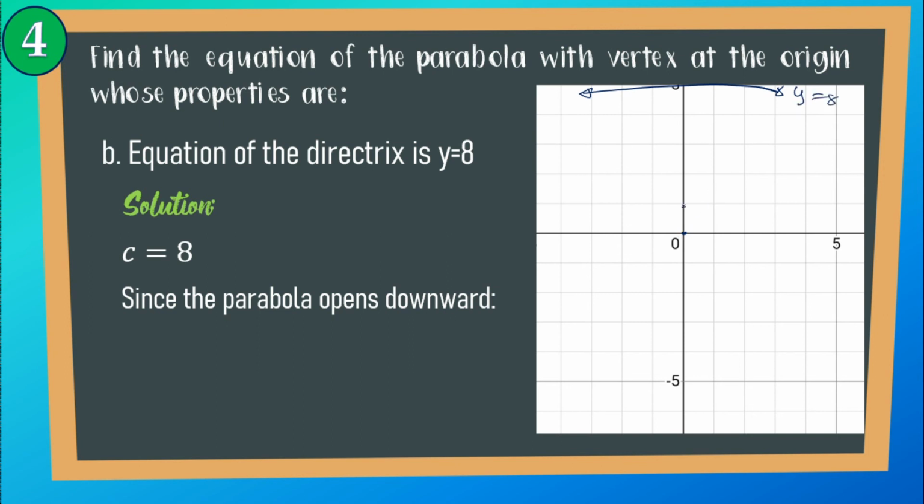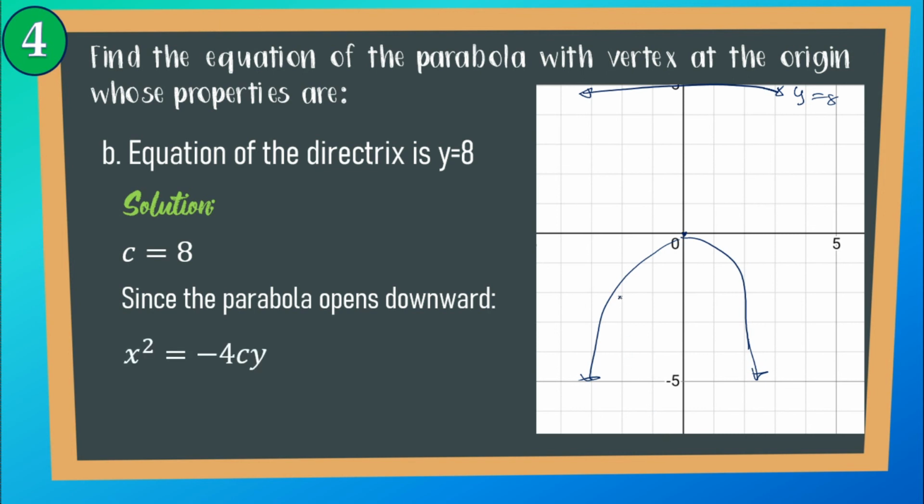So, ibig sabihin, yung parabola natin, opens siya downward. So, from the vertex, 8 yung length from the vertex to the directrix. Meaning to say, from the vertex then to the focus, 8 din yung length niya.